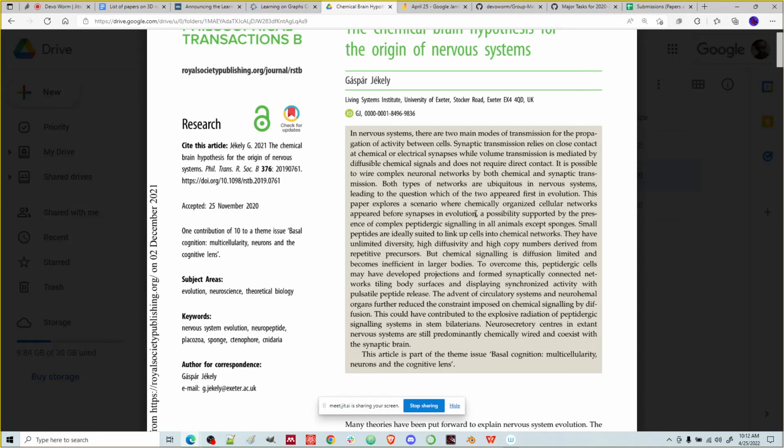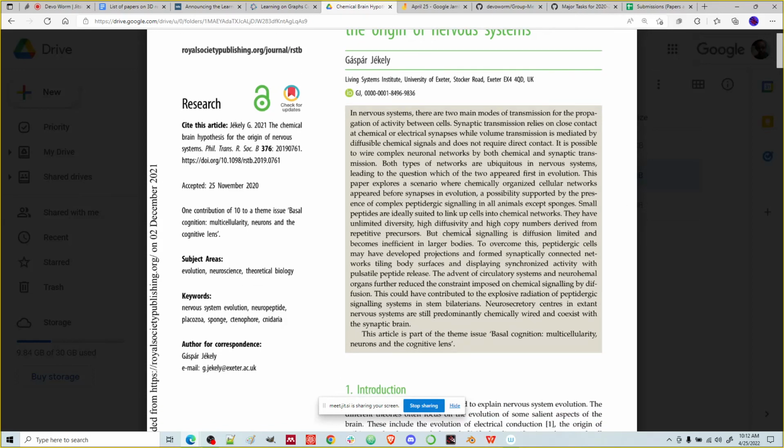So a lot of our computational neural networks depend on this synapse analogy. And what they're saying is that synapses may not have come first. It's actually these cellular networks may have come first, and synapses came later. So the evidence for this is the peptidergic signaling that happens in most animals except for sponges.